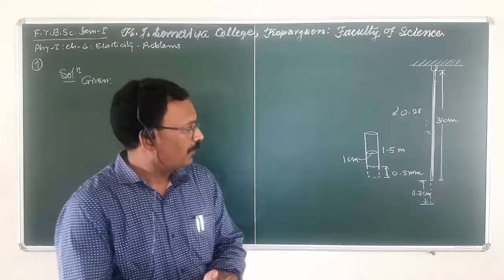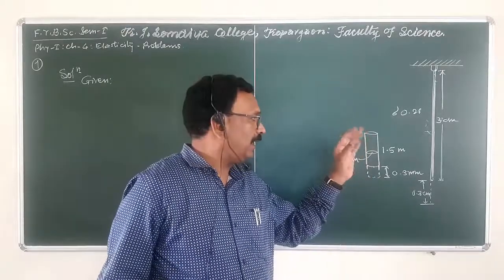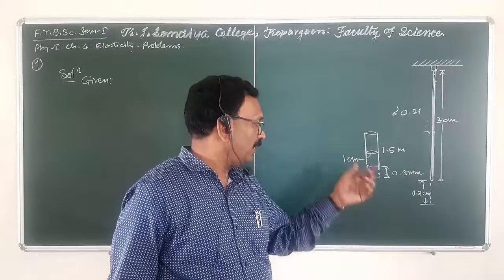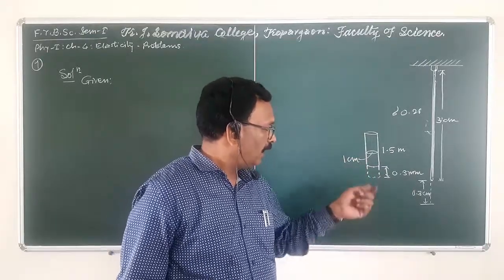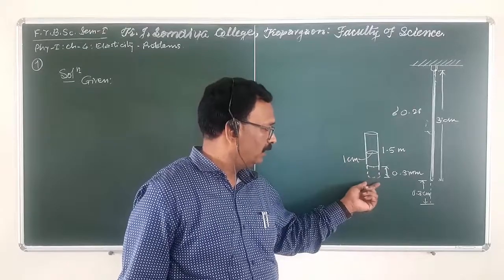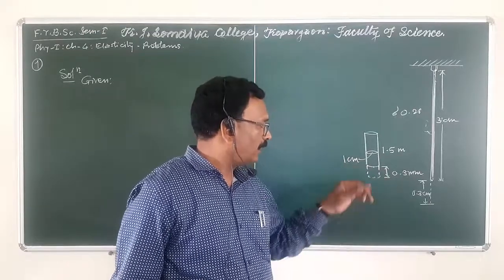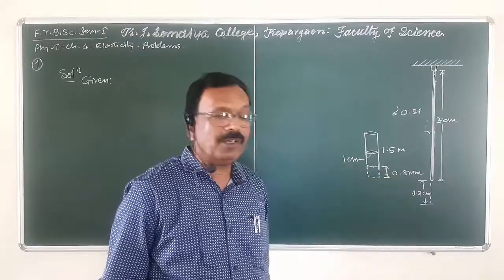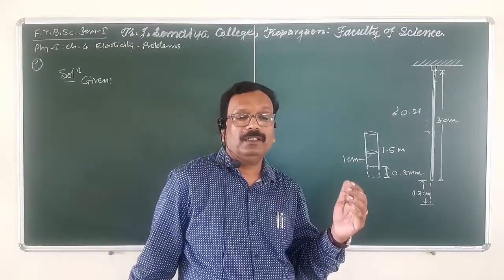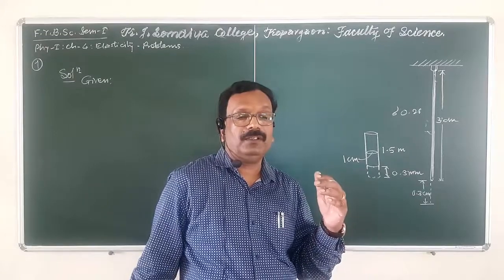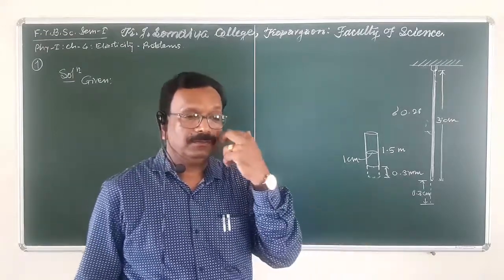Now see here, the cylindrical rod is 1.5 meter in length and its cross sectional diameter is 1 centimeter, and when some force is applied, the rod is elongated by an amount 0.3 millimeter. Then here we have to show that the diameter will contract.